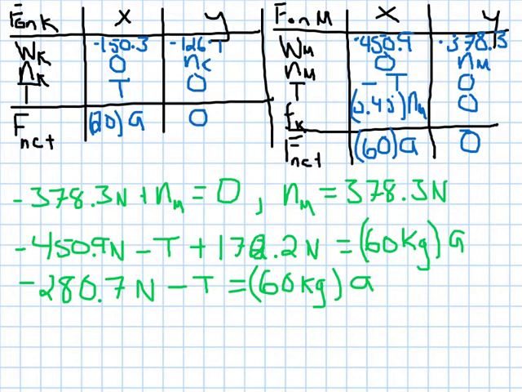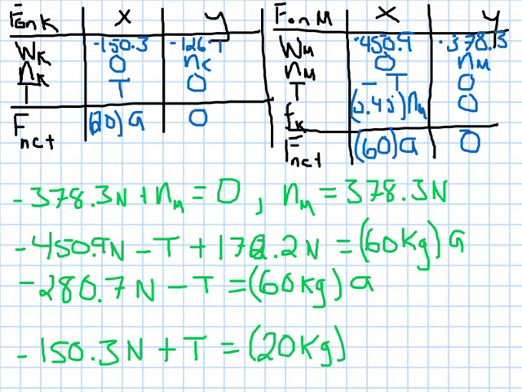So let's go ahead and take a look at that equation, and then I might have some idea how to get around this problem of two unknowns. I don't know tension and I don't know acceleration. So here's what that equation looks like. I start at the top. I have negative 150.3 newtons plus tension equals, in this case, the mass of the kid, because this comes from the forces acting on the kid, times acceleration.